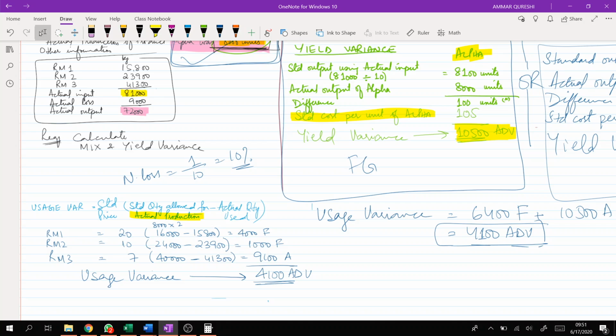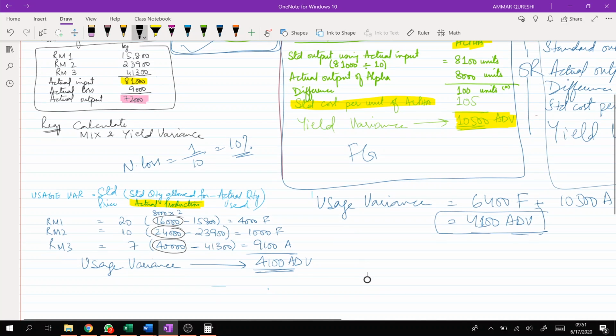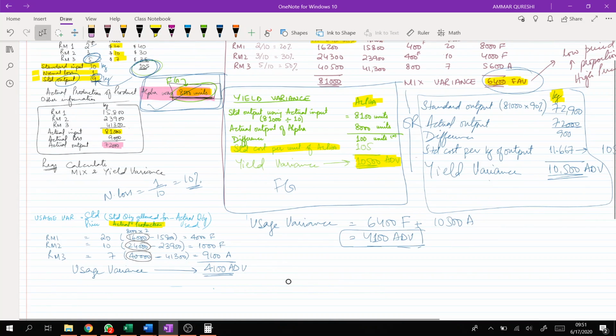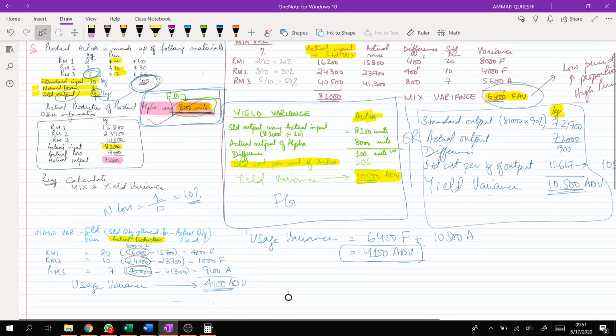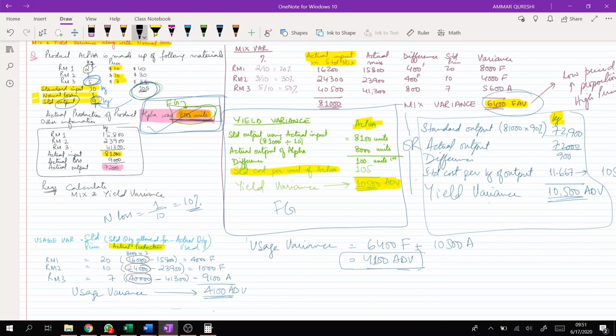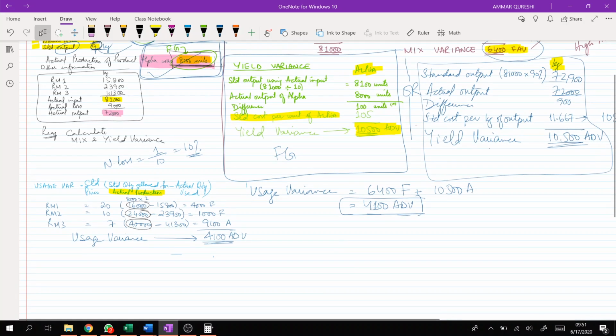I'm not calculating it again. I'm just trying to calculate these 16,000, 24,000 and 40,000 figures separately. See, it's simple. 2 kilograms are required for the output of 9 kilograms. And what is the actual output? Actual output is 72,000.